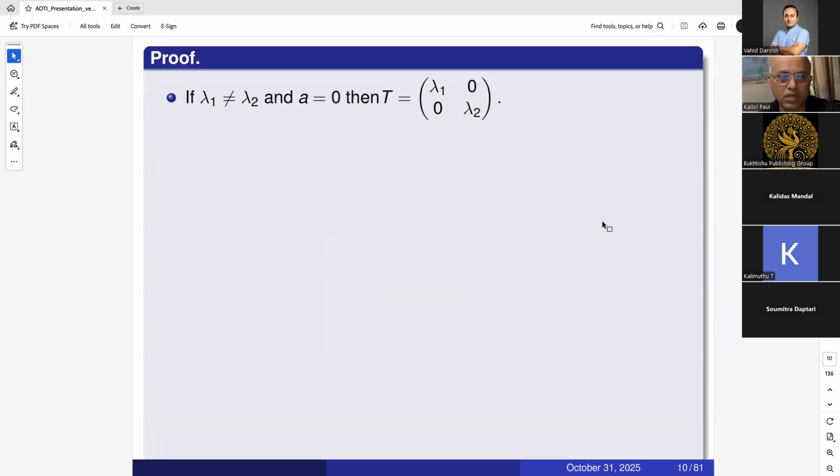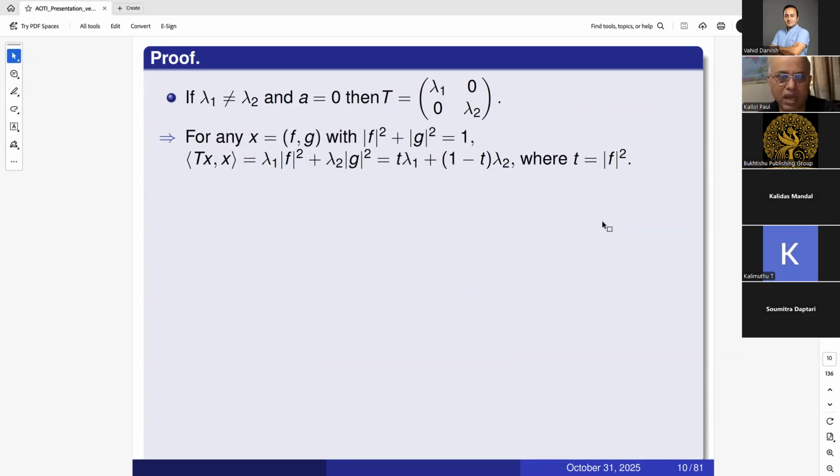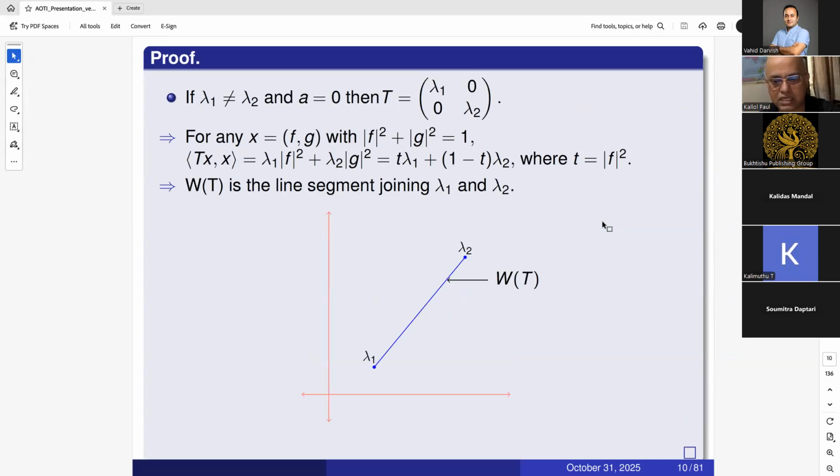And if λ1 is not equal to λ2 and a is equal to 0, that means you have a diagonal matrix like diag(λ1, λ2) with λ1 not equal to λ2, then it will be a straight line segment, and you can easily check that it looks like this. So it's a straight line segment joining λ1 and λ2. So that is also convex.